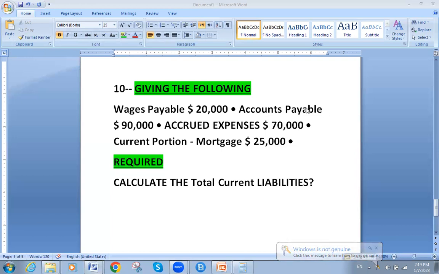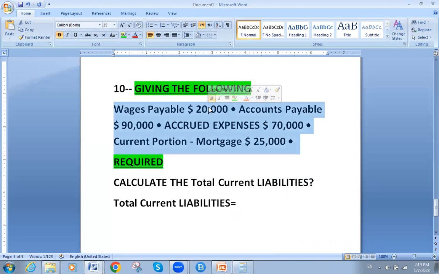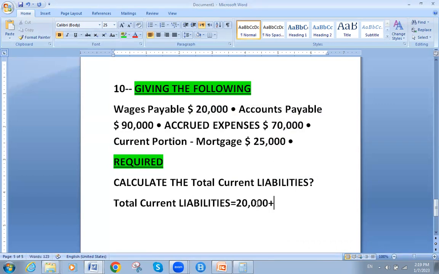So sorry about that. Like we said here, how to calculate it. We have here the wages. So I would say total current liabilities, Control and C. Here we go. It equals, I will take this amount, 20,000, Control and C here, Control and V, plus the second amount, which is the 90,000.